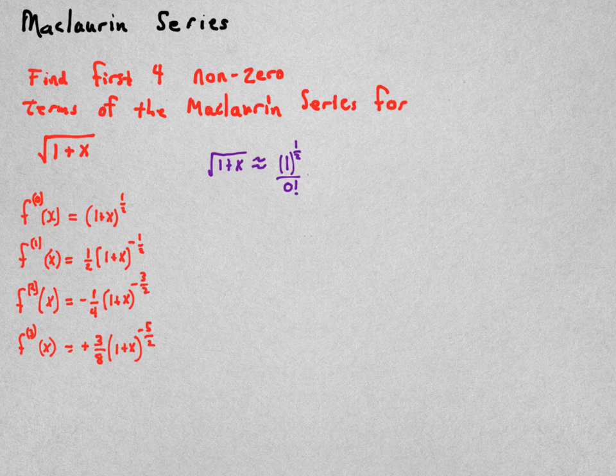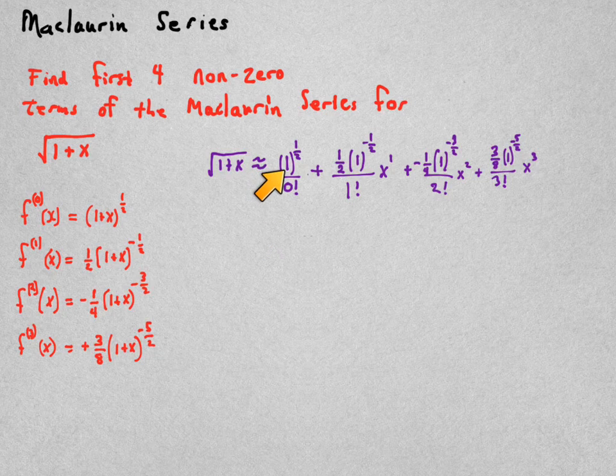So to write the polynomial expansion, we're going to write, and I'll let it write out first. We've got the first at 0, which is 1, to the 1/2 power, so that's this whole part here evaluated at 0, over 0 factorial, and here we're going to evaluate at 0 over 1 factorial times x to the 1, evaluated at 0, the second derivative, over 2 factorial times x to the 2, so you can see how the pattern works.